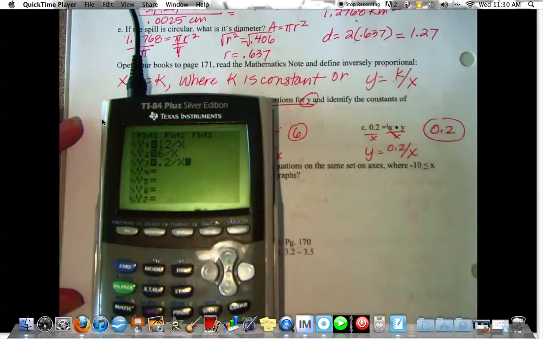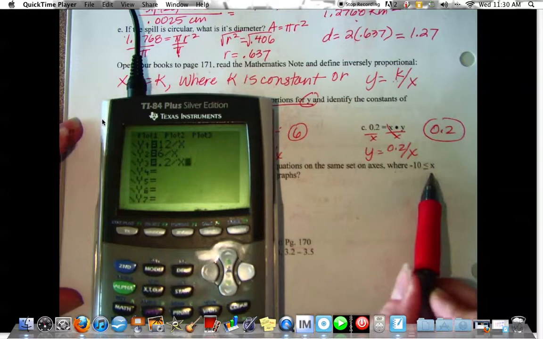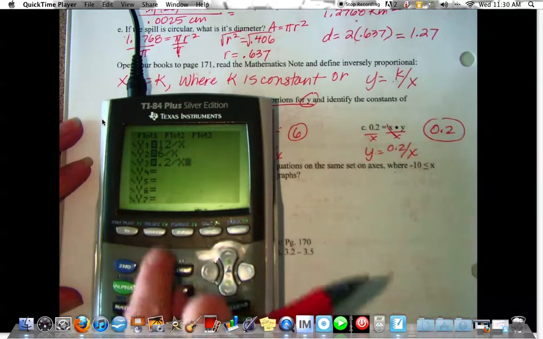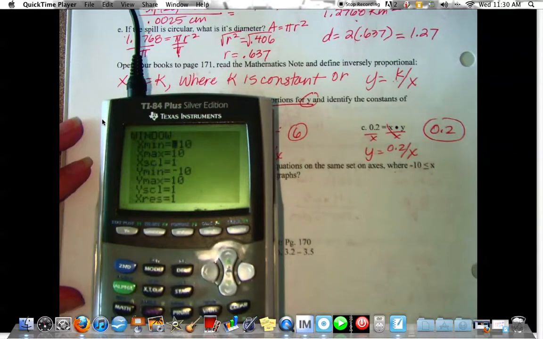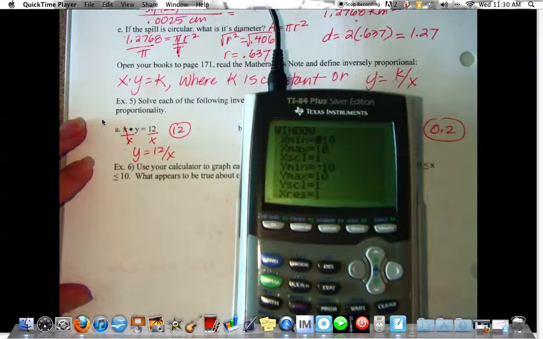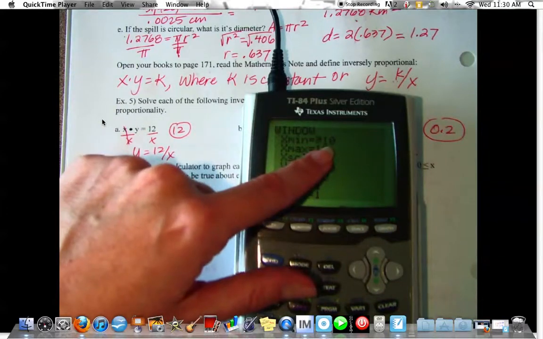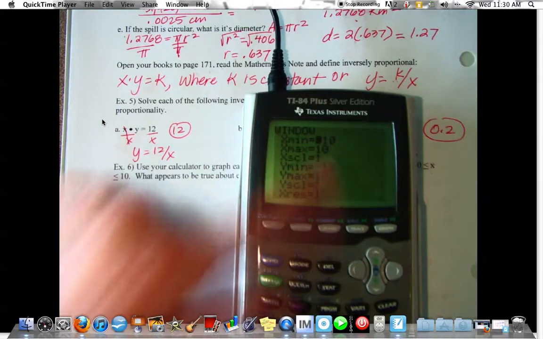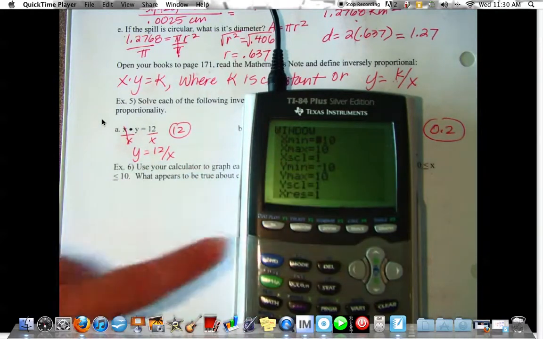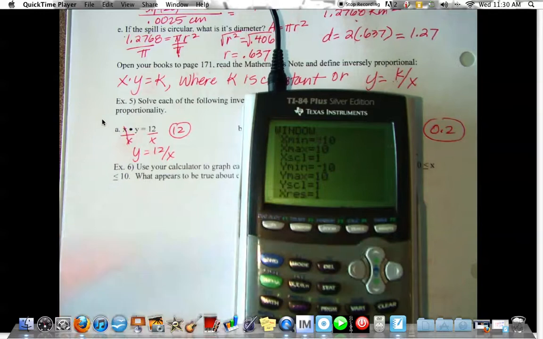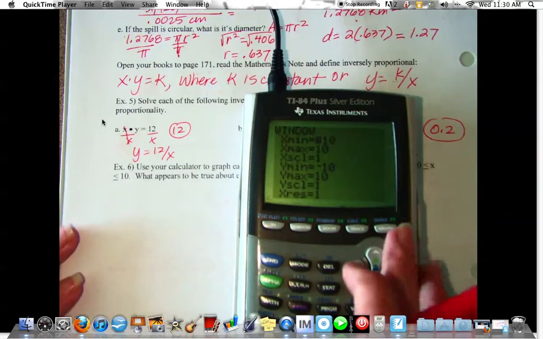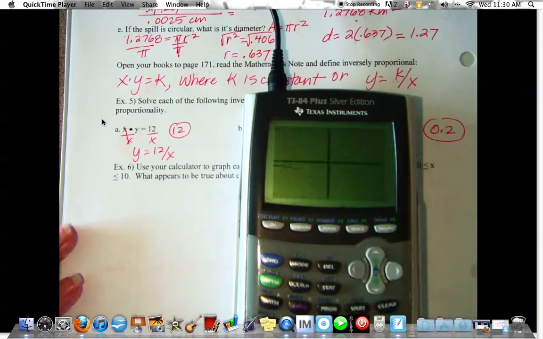Now it was telling you what to set your min and max for on your window for your x. Hit your window key. Your minimum value for x should be negative 10, maximum 10, x scale 1. Do the same for the y min and y max, negative 10 and 10, and the y scale 1. Then go ahead and hit the graph key.